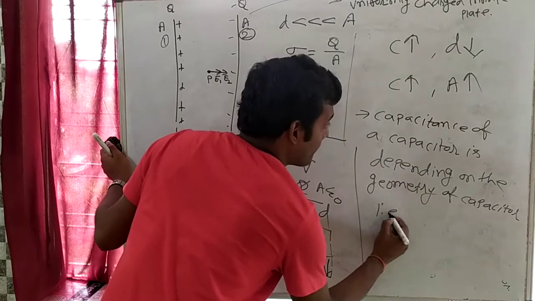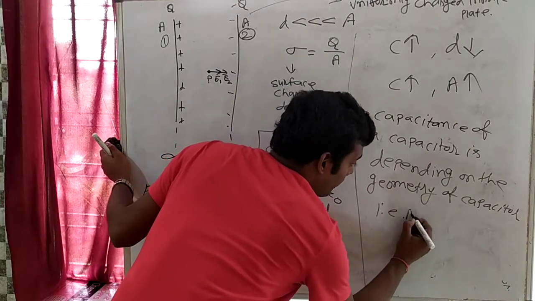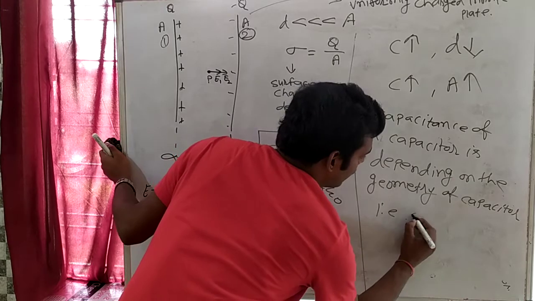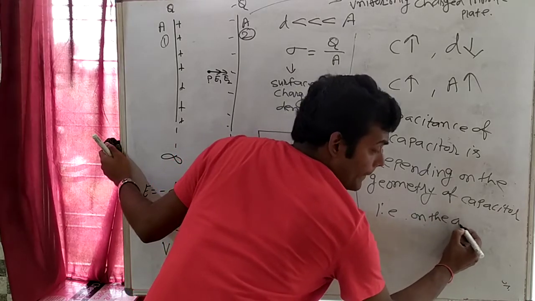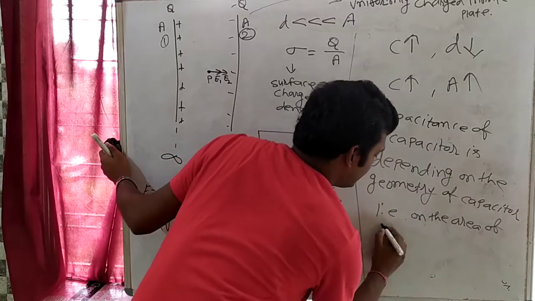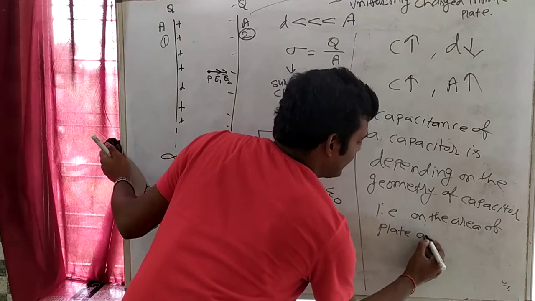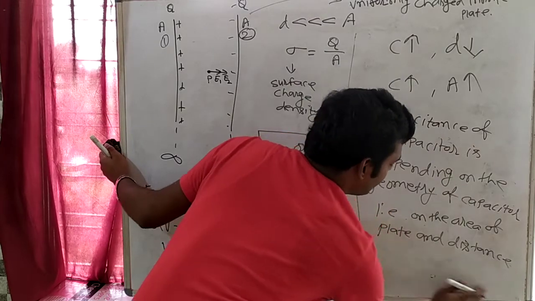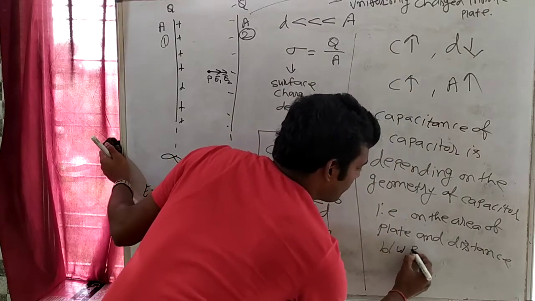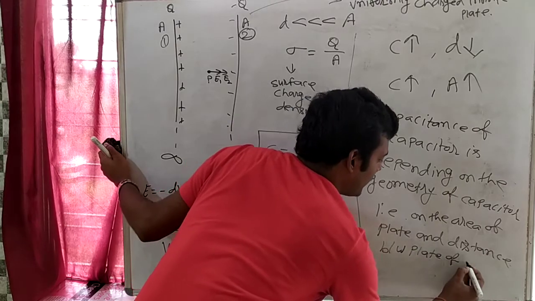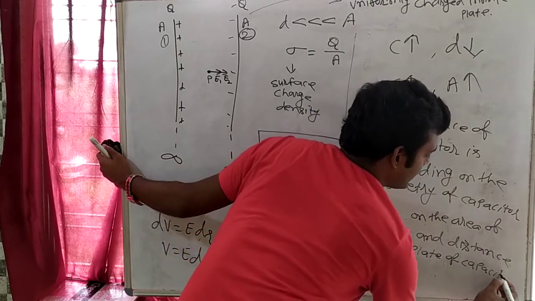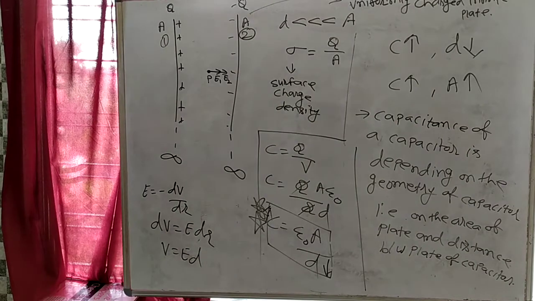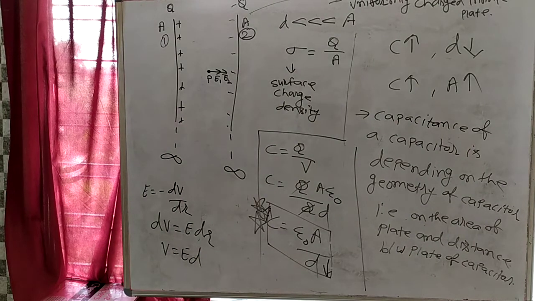That is, on the area of the plate and the distance between the plates of the capacitor. Clear? It is depending on the area of the plate and the distance between the plates of the capacitor.